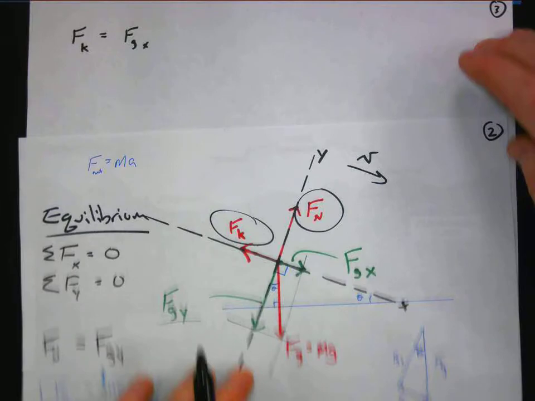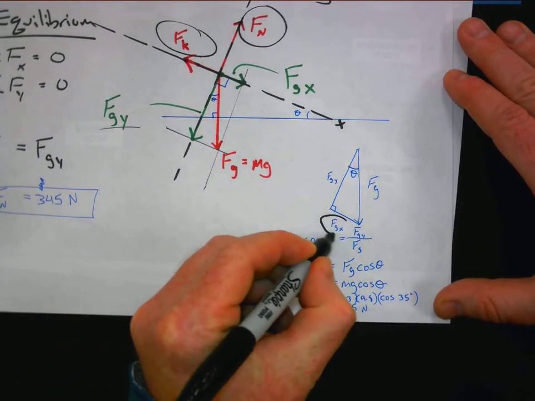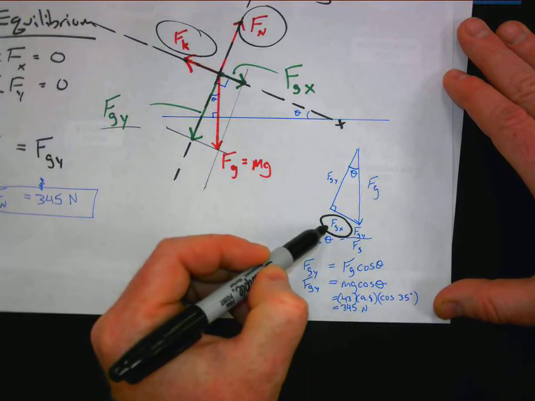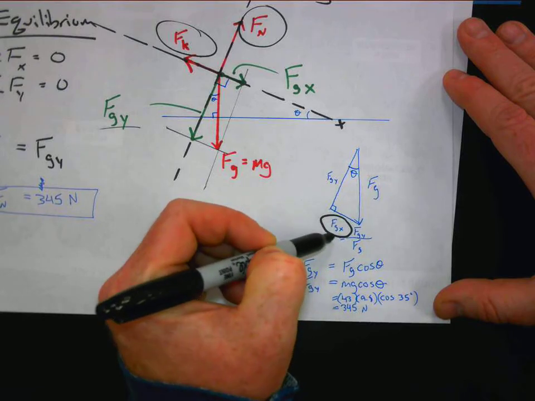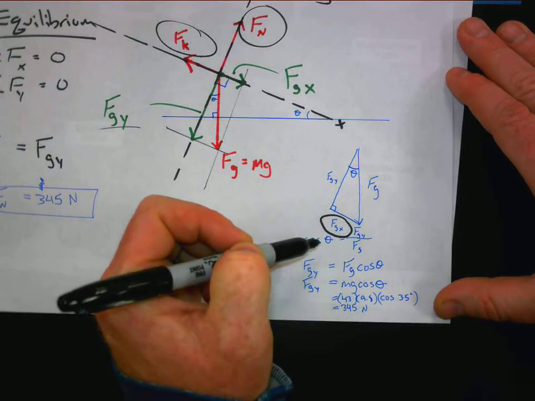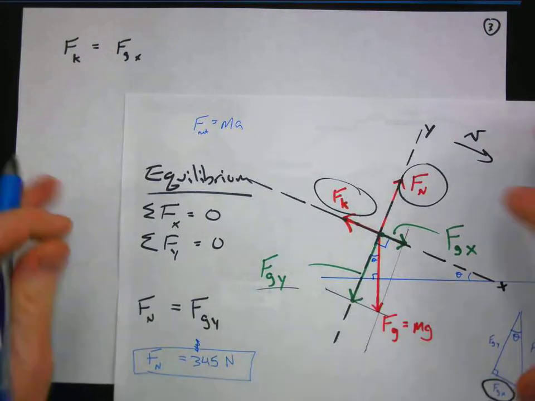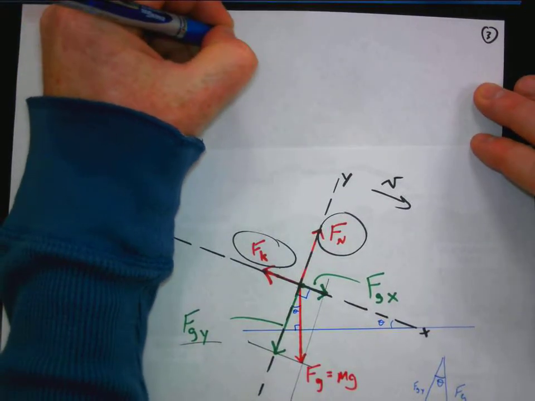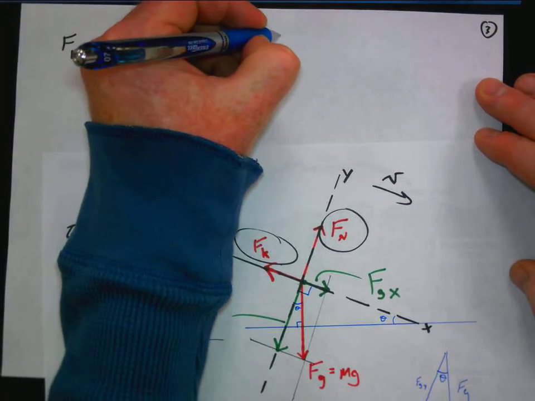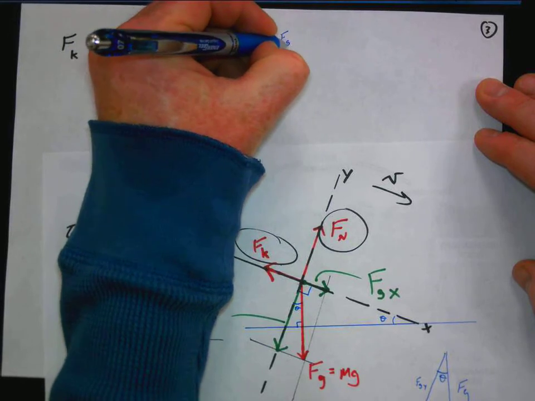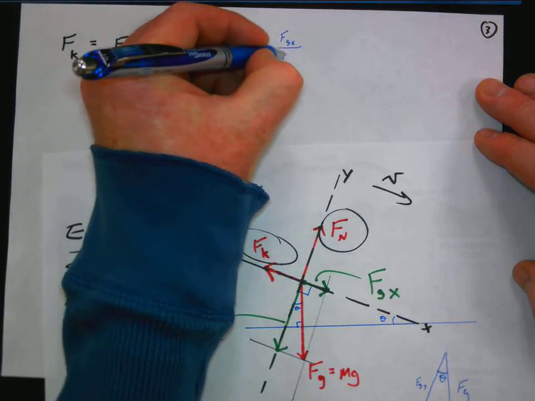Well, it's going to be very similar to what I did here, except now I'm looking for the x component. The x component happens to be opposite of angle theta, and it's way across the triangle over here. And so I won't use cosine, I will use sine. And that relationship for a right triangle is going to equal the opposite side, which is weight in the x direction, divided by the hypotenuse, which is just weight.